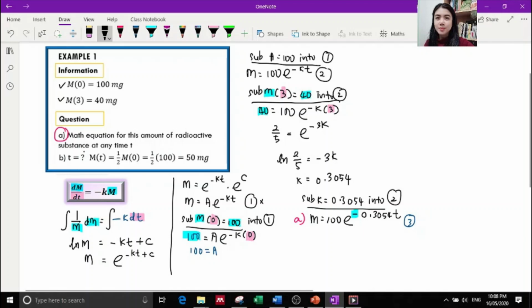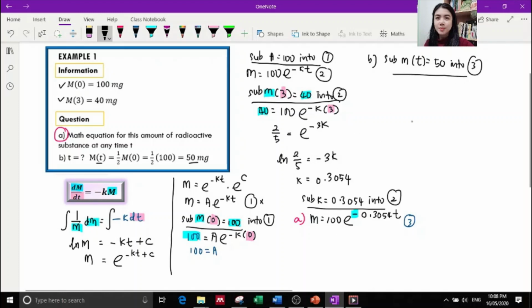We are interested to know what is the half-life. So how to find out the half-life? What you have to do is substitute m of t equal to 50 milligrams into your equation 3.